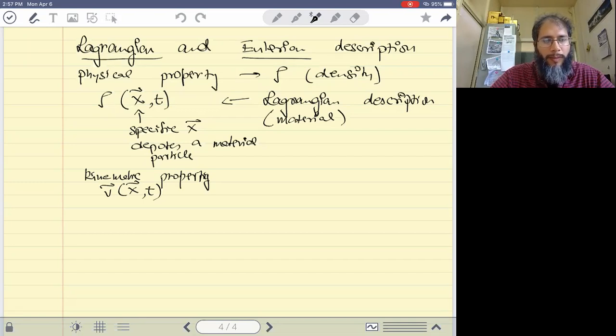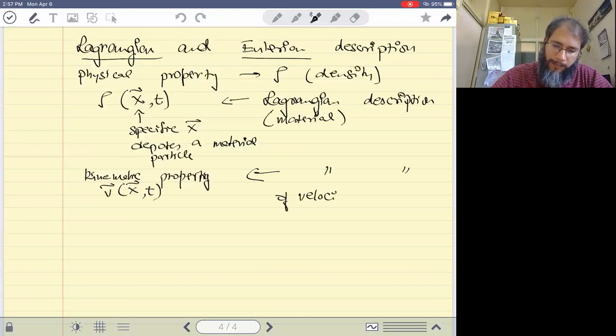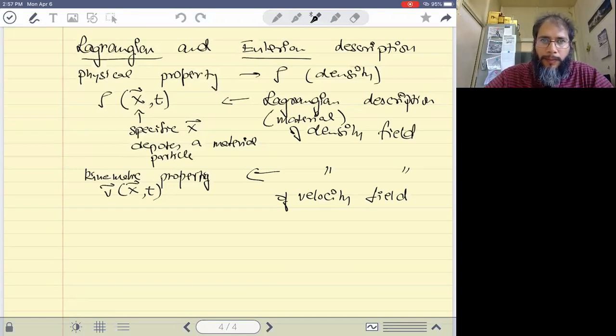So I know the velocity of each and every particle at all times. Again, this is my Lagrangian description of the velocity field. All right, so that's one way to specify that.